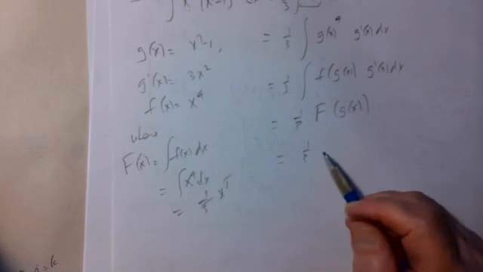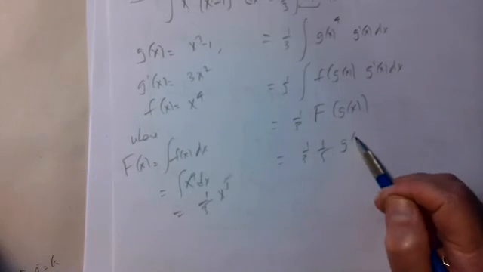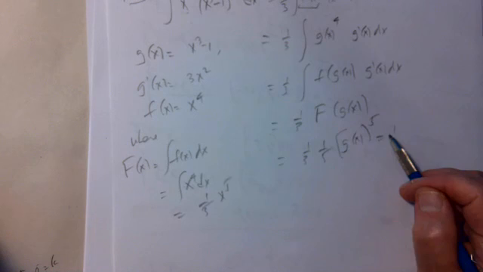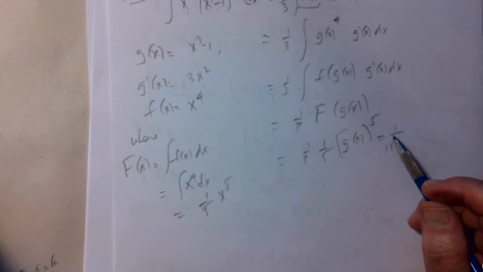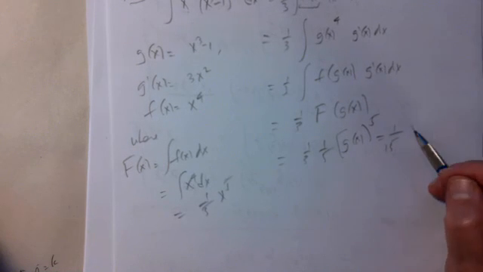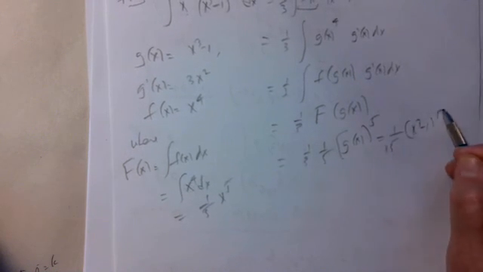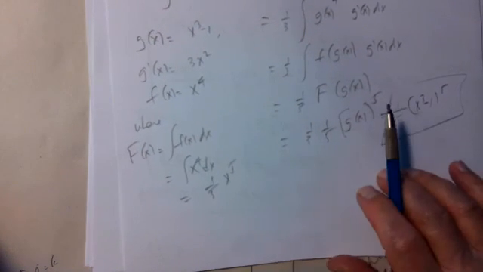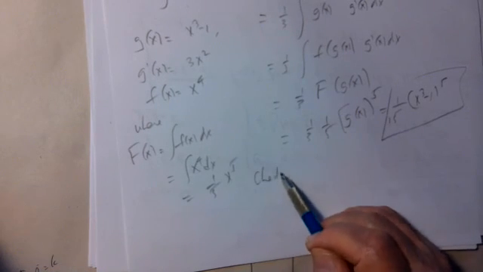So this is 1/3, 1/5 g of x to the 5th power. That's 1/15. G of x is x cubed minus 1 to the 5th power. So this is perhaps the answer, and let's check.